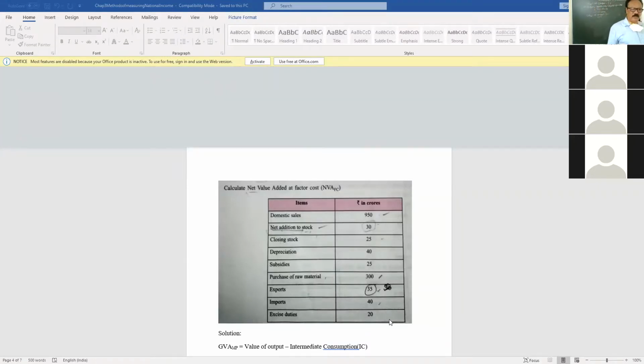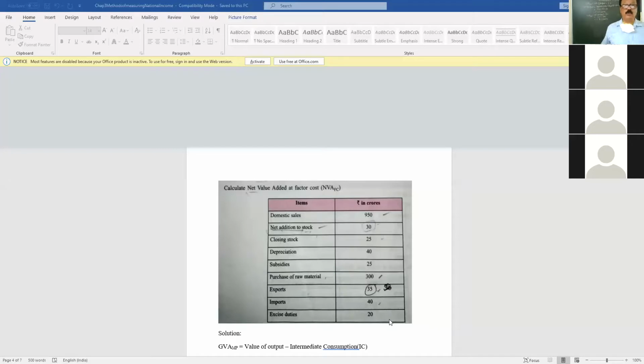Purchase of raw materials is intermediate consumption, minus 300. That is equal to 715. This is the gross value added at market price.